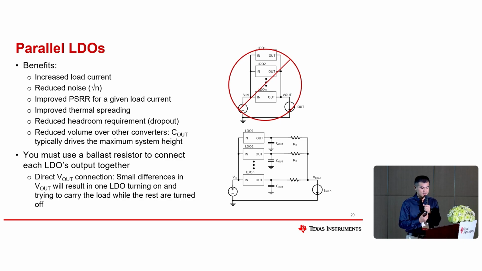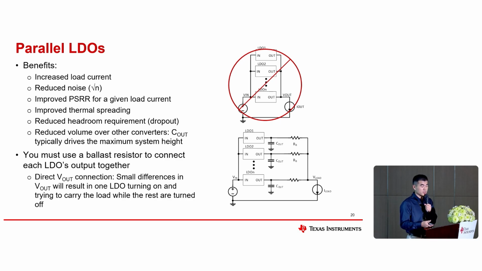So after we talk about the LDO specifications, the noise, the PSRR, and how we can improve them, we can also discuss the parallel LDO. When the current for the load is increased, if you check the LDOs in the market, they cannot meet your application.